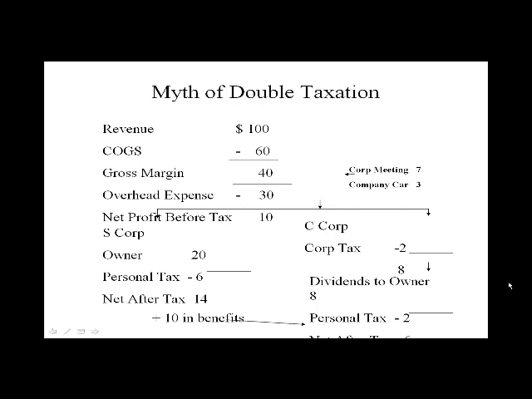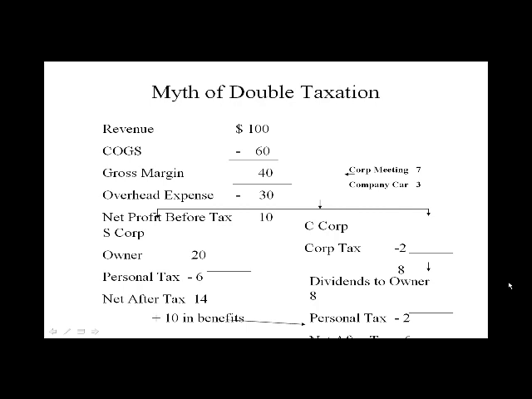Why not? Corporate meeting as an expense. Maybe you do a lot of driving. Your key employees, key executives need a company car, company limousine, something like that, or at least a company car for a small business. Business expenses that go into the overhead.